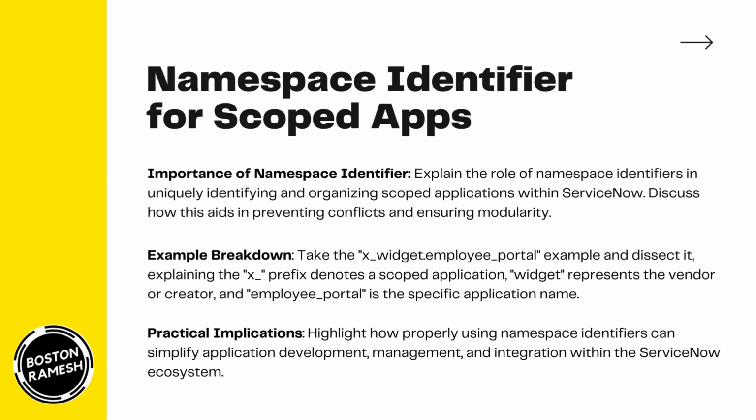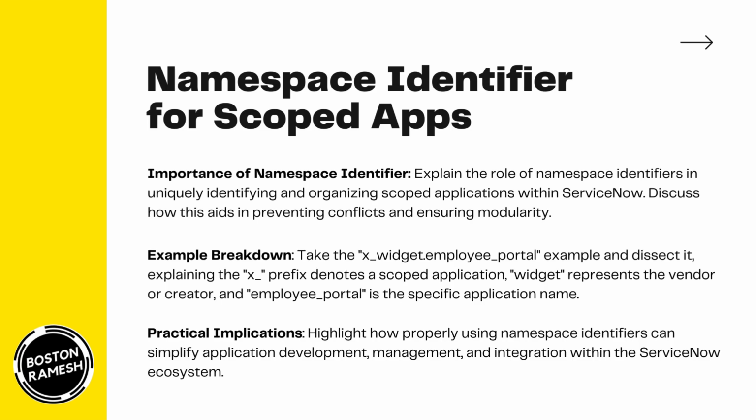Now in this namespace identifier, you see at the end, employee_portal. And this one specifies the unique name of the application itself. So that means in this namespace, employee_portal is a scoped application name for a company, a customer called widget. So that's how we need to understand it.